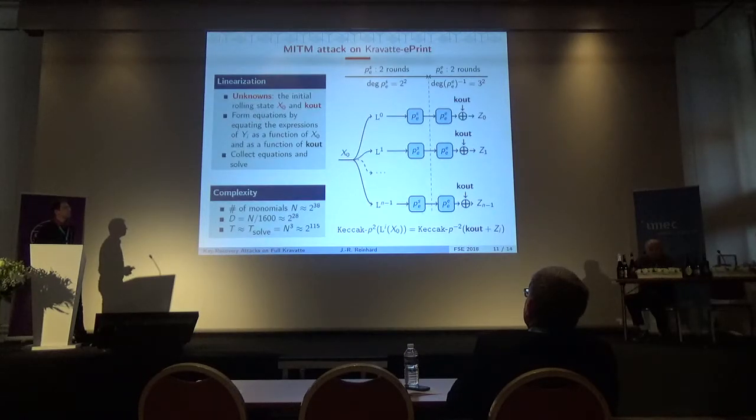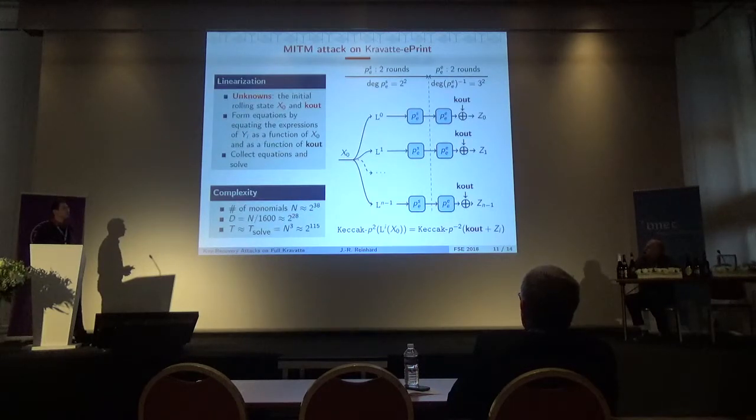If we split the expansion phase permutation in 2 start rounds and 2 end rounds, you have equations like this, and you get such an equation for every output block. So if you collect enough of them, you can solve again by linearization. The number of monomials is quite limited.